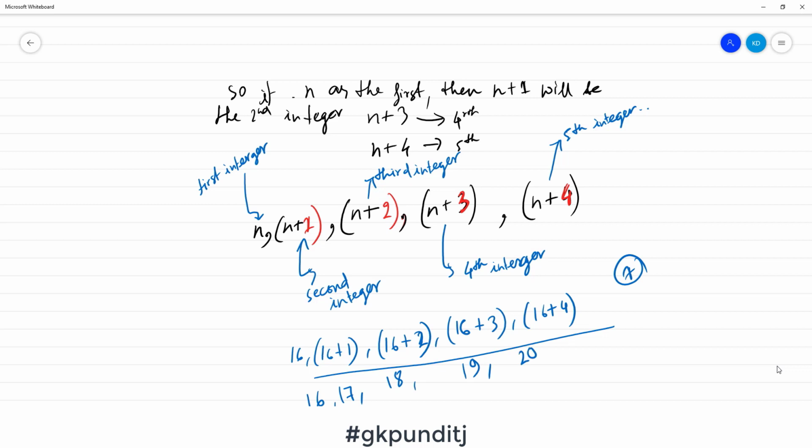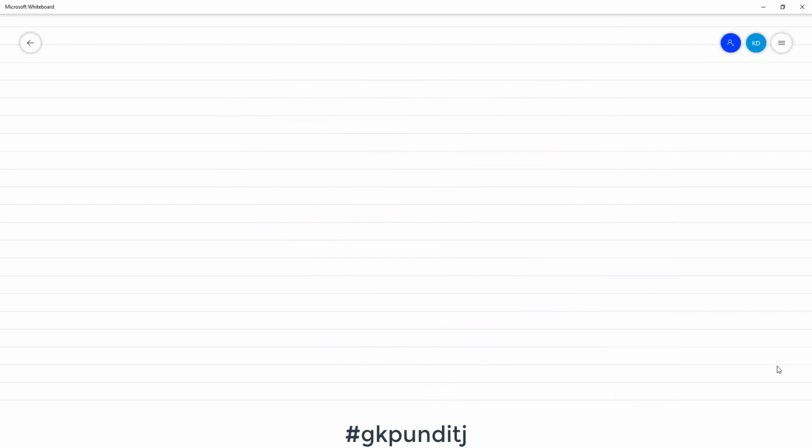So when we are dealing with consecutive integers, the difference between the larger and smaller is always equal to 1. So these are the observations. I'm clearing this canvas.